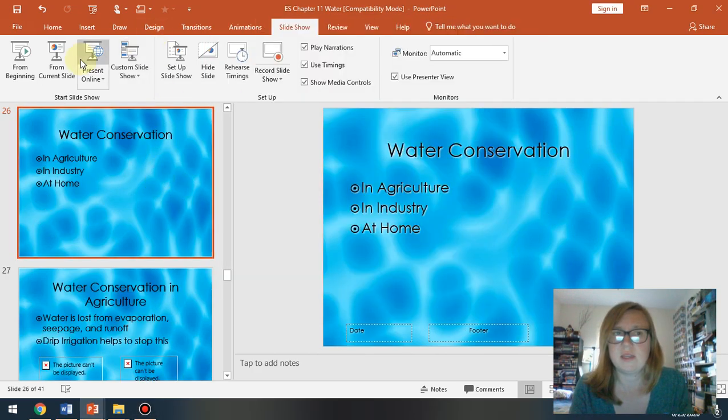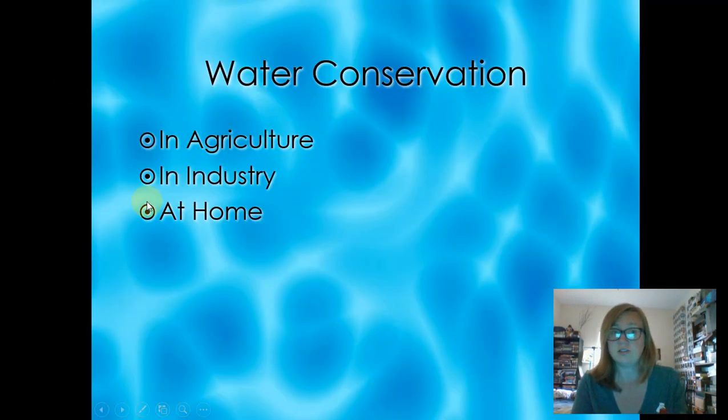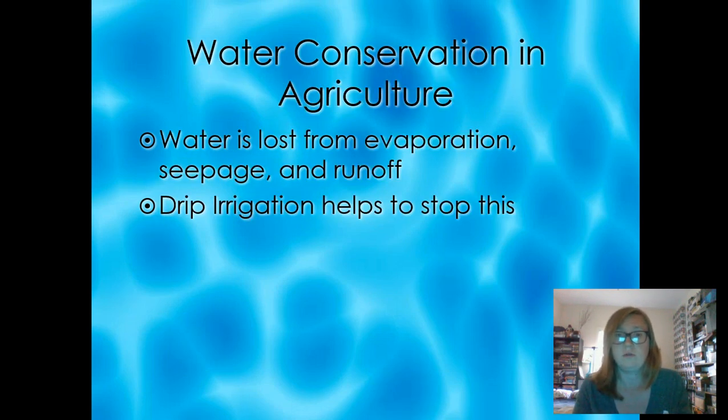Alright, so let's take a minute and just look at water conservation. In agriculture, that means farming. Industry, those are factories and corporations. And at home. So on farms, some water is lost due to evaporation, seepage, which means it goes into the ground, and runoff, which means it literally runs off the edge.